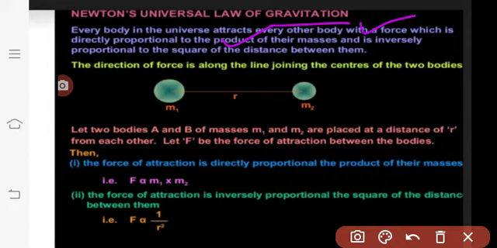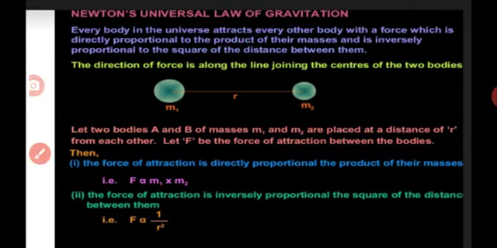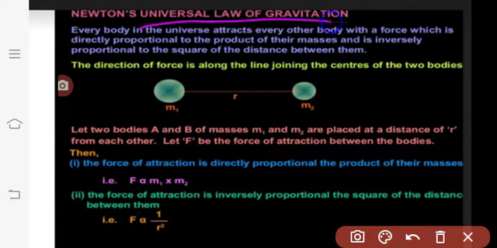So now next is the universal law of gravitation. This law was given by Isaac Newton. According to this law, every body in the universe attracts each other with a force which is directly proportional to the product of their masses and inversely proportional to the square of the distance between them.